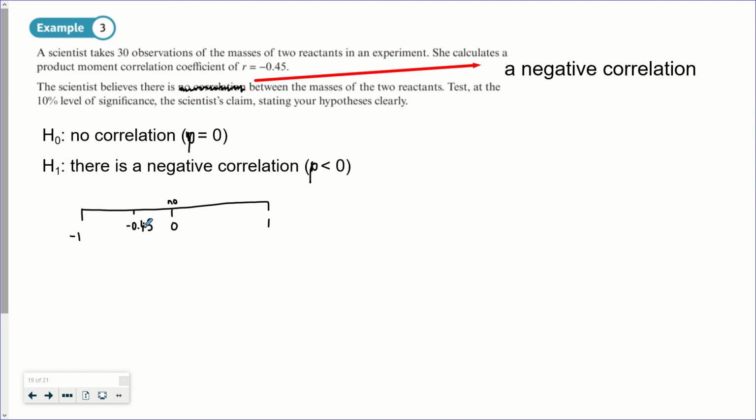The only difference now is that this 10% significance level is all going to be in the left tail of our distribution, because we're not bothered about whether we can conclude that there's a positive correlation, because we think there's a negative correlation. So this 10% significance level, we're not going to split it.